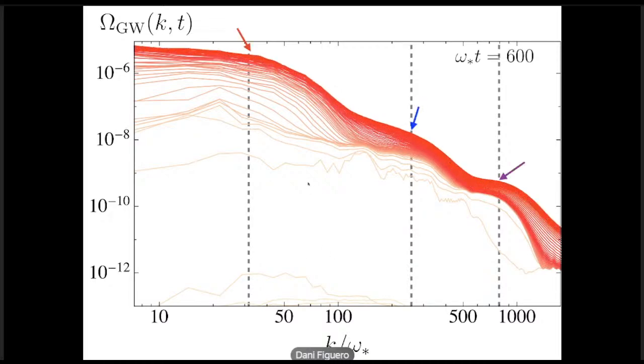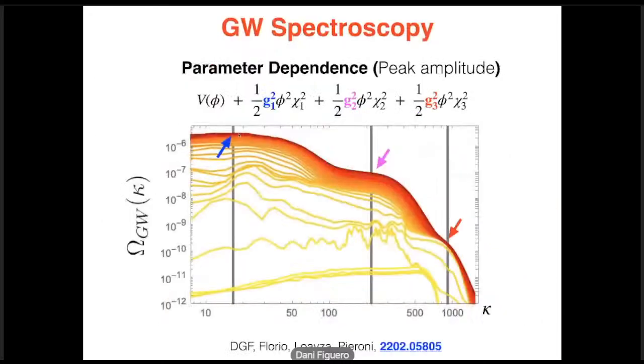And you see that here I'm signaling the position of the peaks. These vertical lines are the predictions from the simulations of the single preheat fields with those couplings, whereas the red spectrum is the simulation with the 3 daughter fields simultaneously coupled to the inflaton.